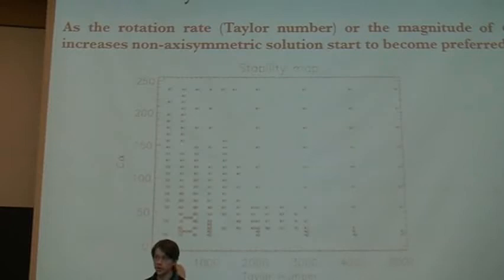These are one-dimensional? No, this is essentially a three-dimensional mean field model. And does non-axisymmetry depend on the alpha squared, or the importance of this alpha? Well, the alpha itself.